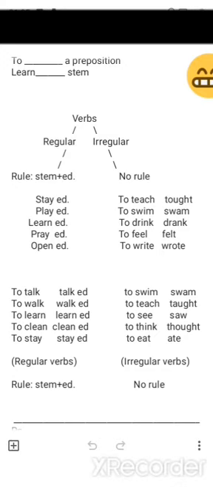To teach became taught. We don't guard the same stem and we add ed like in the regular verbs. Irregular verbs are different. To teach became taught. To swim became swum. To drink became drank. To feel became felt. To write became wrote.